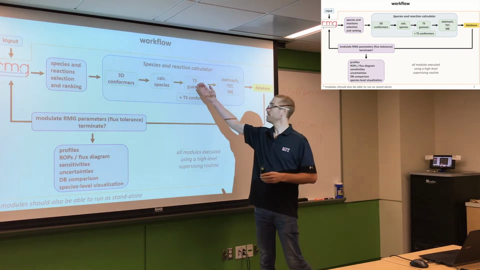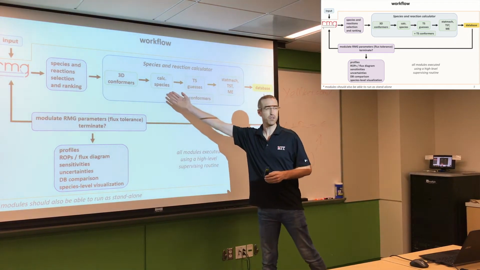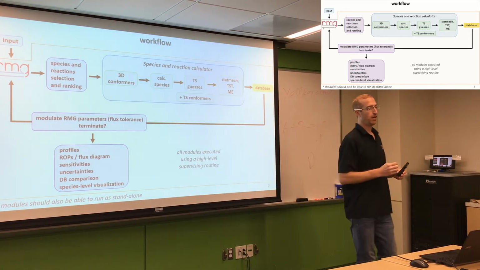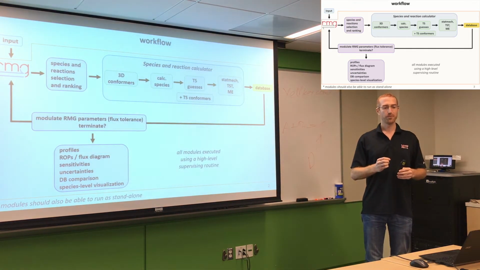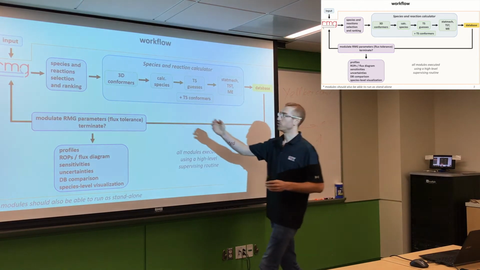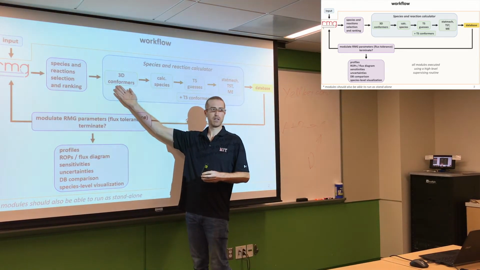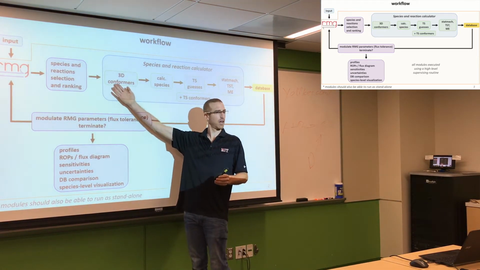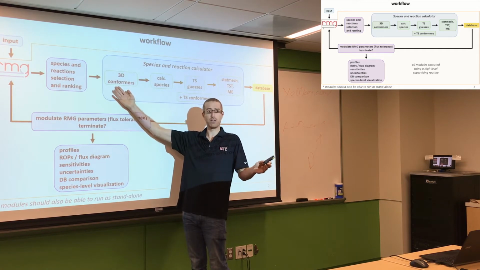Note that TSs, transition states, come after we have data for the species. Usually, we'd like to first see that we got the species right. We have some suggestion for the conformers, so we can in principle make a transition state out of that, and that's good practice if we do it manually and we don't want to wait.